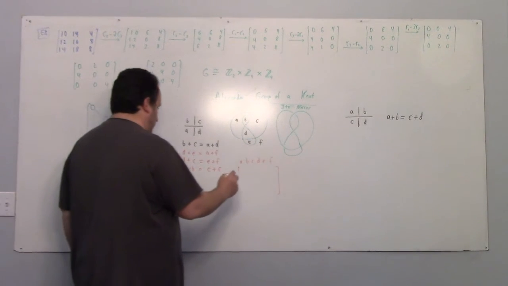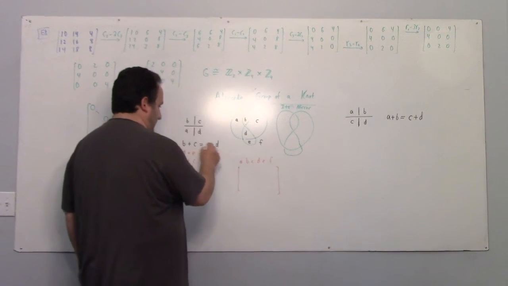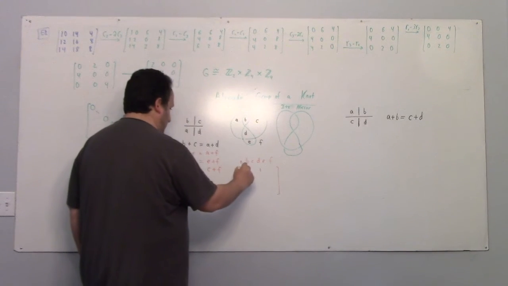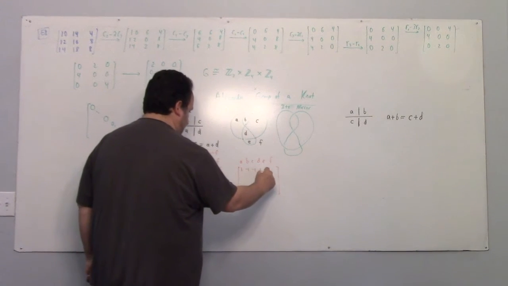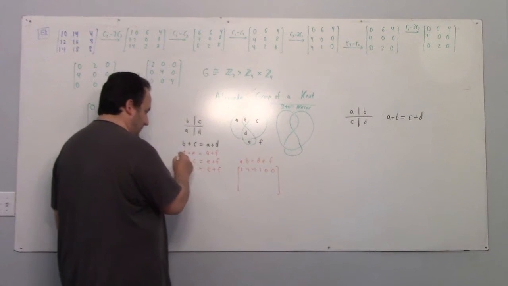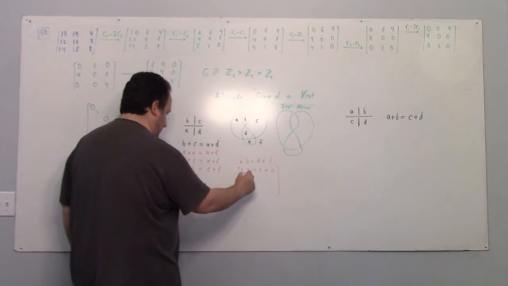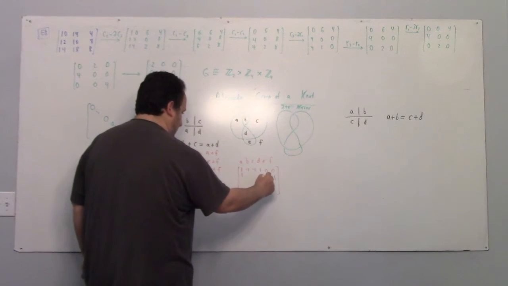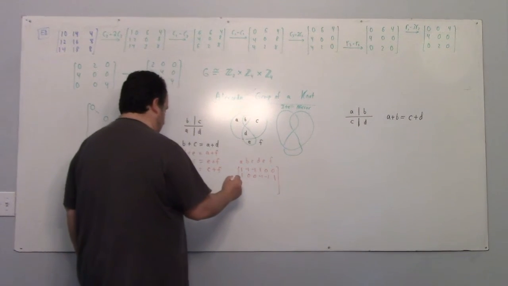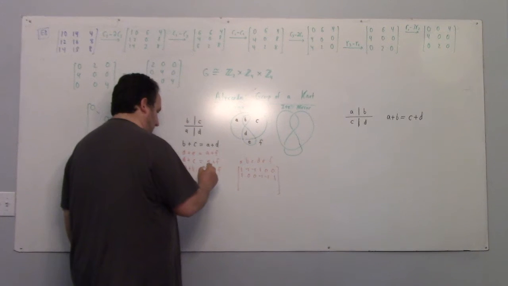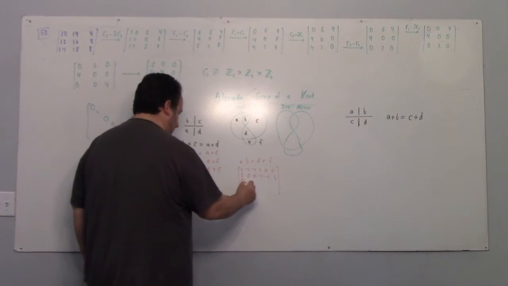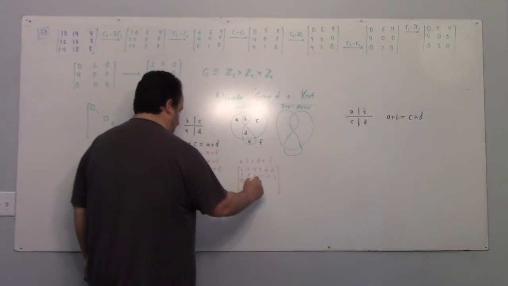We get, so I'll start with this one, yeah? 1, 1, minus 1, minus 1, 0, 0 for the first one. 1, 1, minus 1, minus 1, 0 for the second one. 0 A's, no B's. 1 for D, 1 for C.